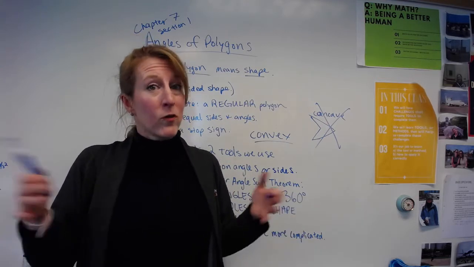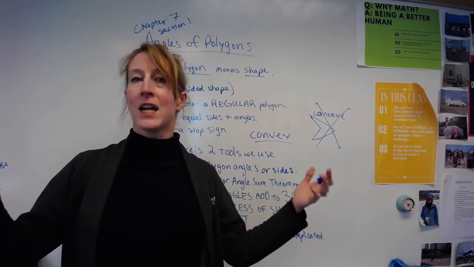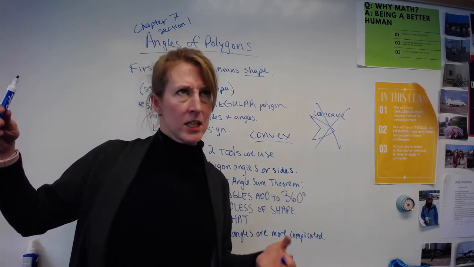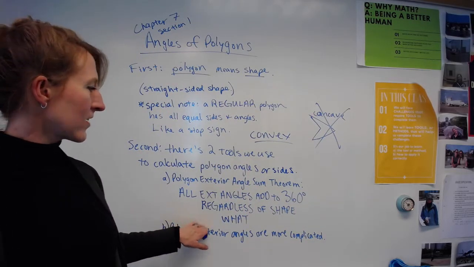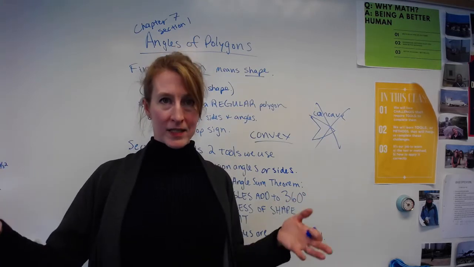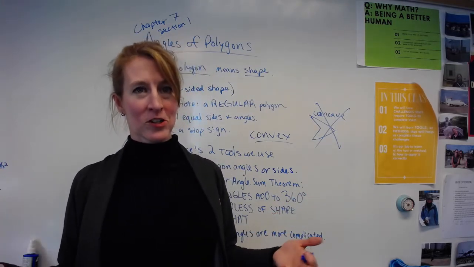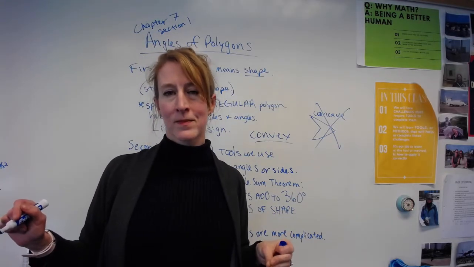That's actually true for all shapes. Hexagons, octagons, nonagons, decagons, dodecagons, that's 12 sides, etc. That's always true. Why? Because all shapes fit in a circle, and all circles have 360 degrees.